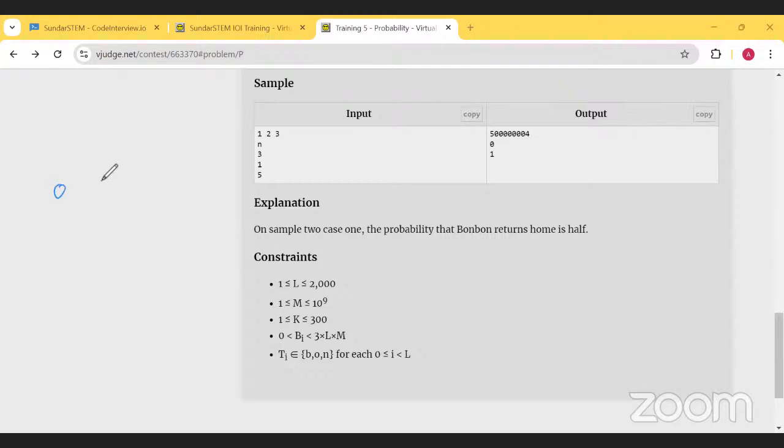So let's see for each character, let's say character P, this graph is equal to this, right? And then what about N? The graph will be like this.